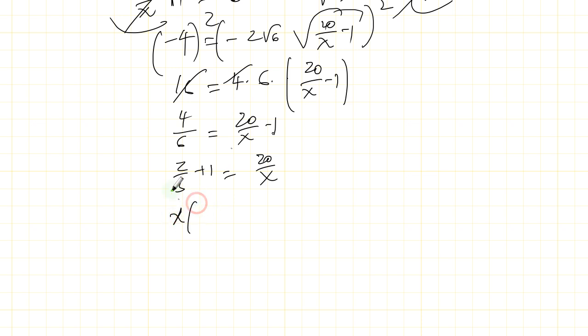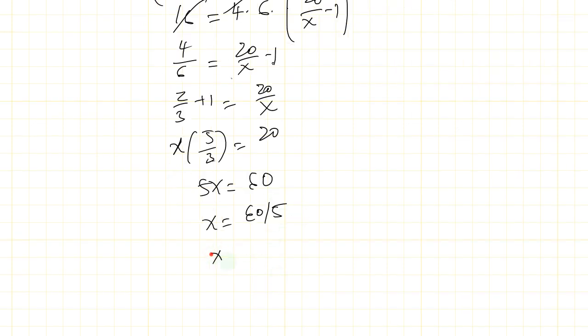We have x times 5 over 3 equals 20. So 5x equals 60, and x equals 60 divided by 5, so x equals 12.